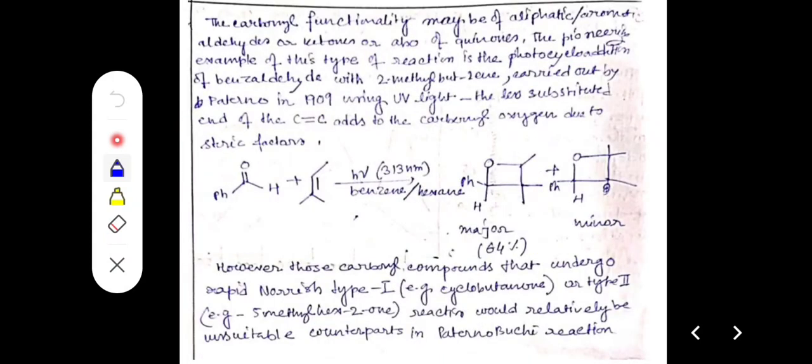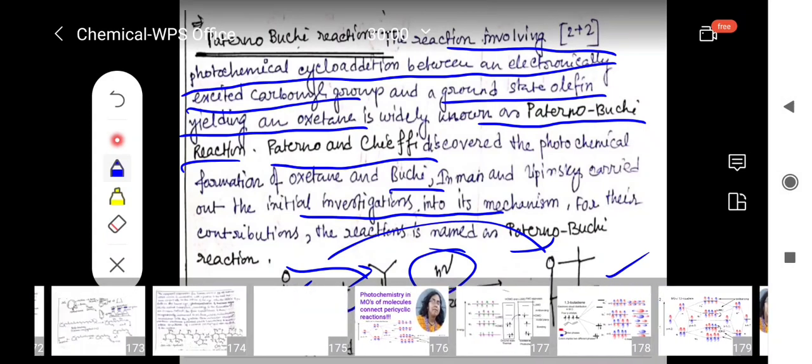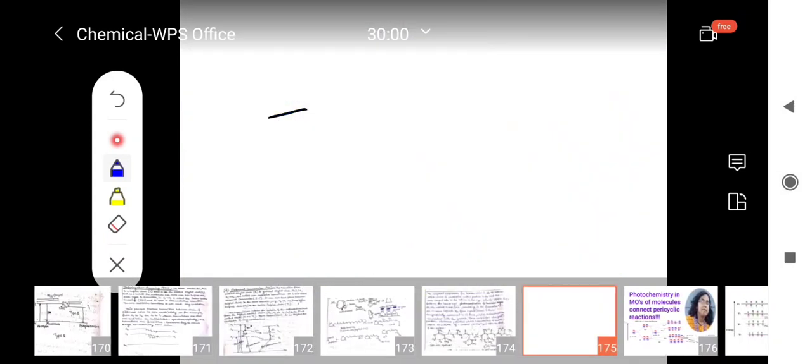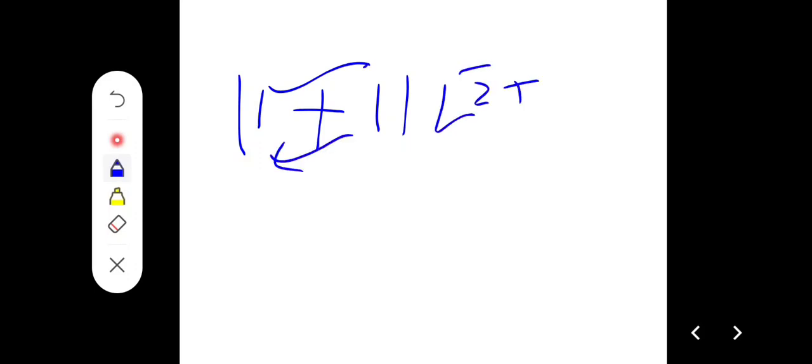Now, in the definition we get 2 plus 2 cycloaddition. First of all, we know that cycloaddition is this type of reaction. What does 2 plus 2 cycloaddition mean? Suppose two alkenes react like this; that is called 2 plus 2 cycloaddition.